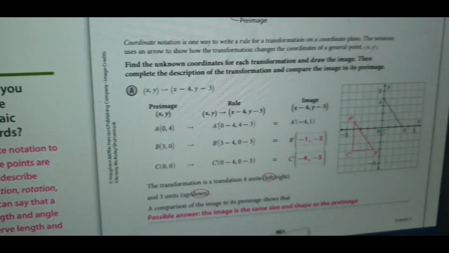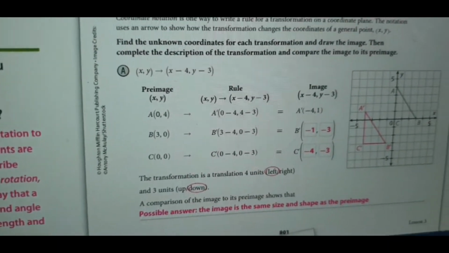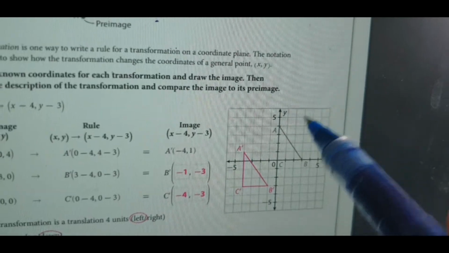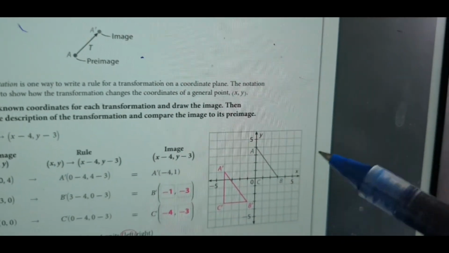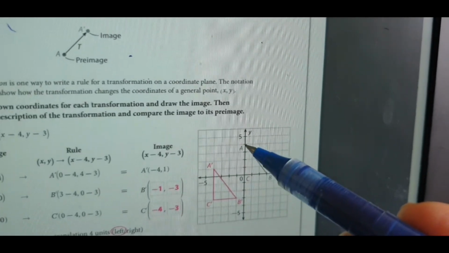Let's go to the original one because it's more clear. Of course, you are going to do this inside your books, so you should have something like this. So in here, this is my pre-image and this is my image. What happened to my image? Can you tell me?